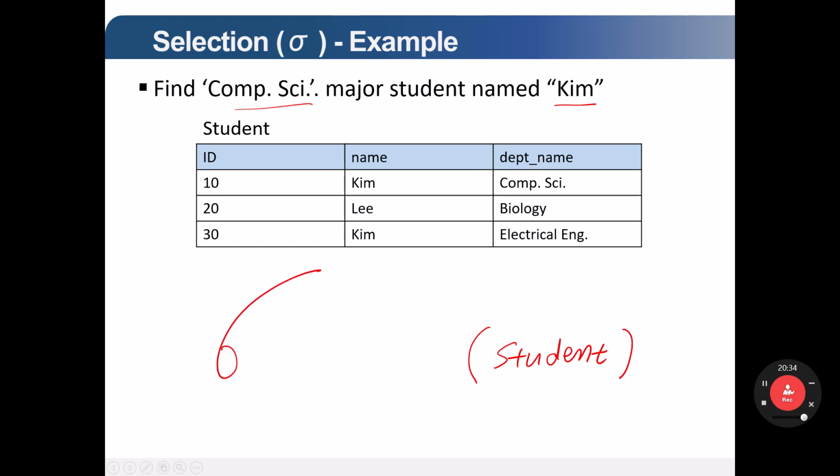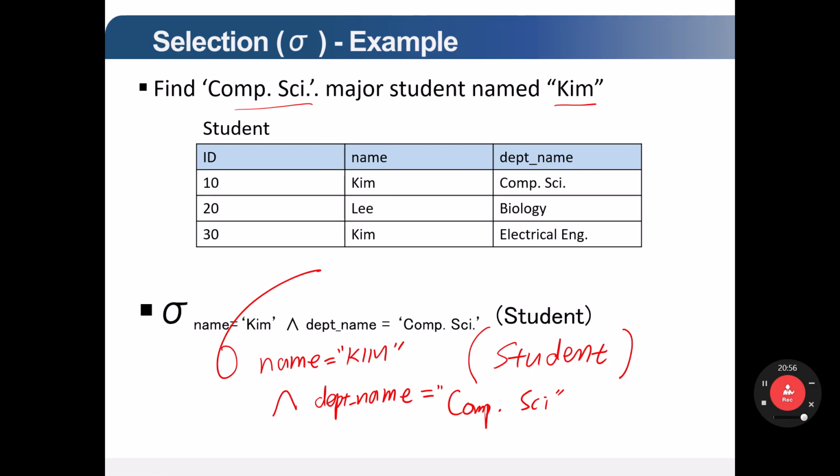So put sigma symbol, and name must be equal to Kim, and department name must be equal to comp sci. Okay, this is how we write a selection operator for this given query.